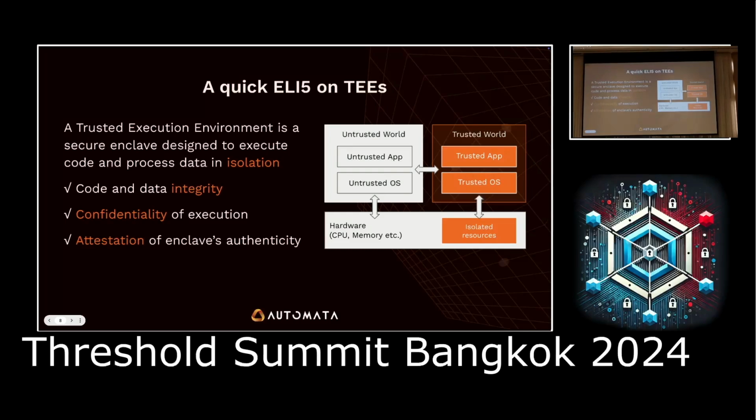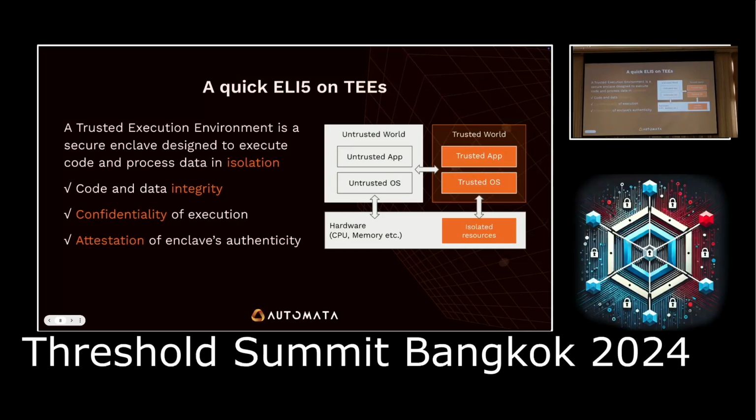The second one is the confidentiality of the execution, which means only the enclave itself can know what is happening inside the application. Even if the operator or other attackers cannot observe what happened during the application, they cannot do analysis or other potential attacks on the whole execution.